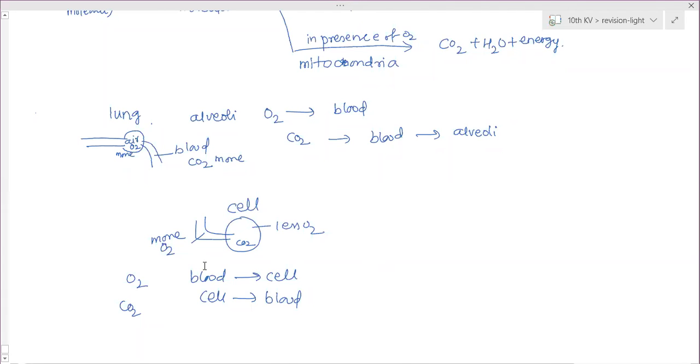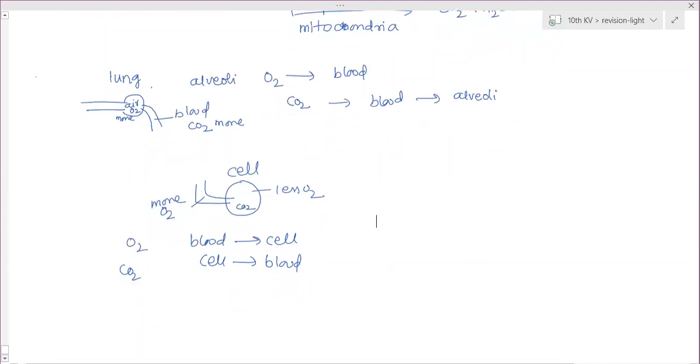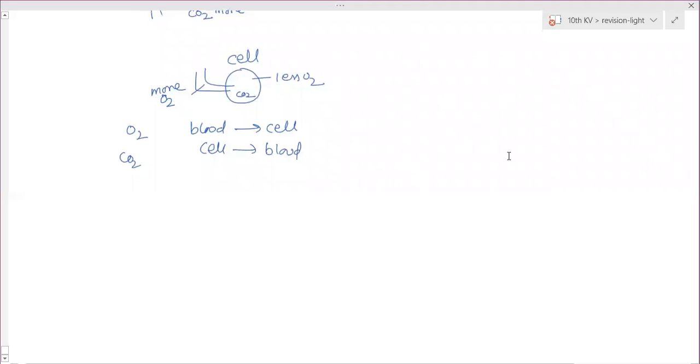Here, only this part: oxygen and carbon dioxide movement I've explained to you. Oxygen is transported in blood with the help of hemoglobin, in the form of oxyhemoglobin.